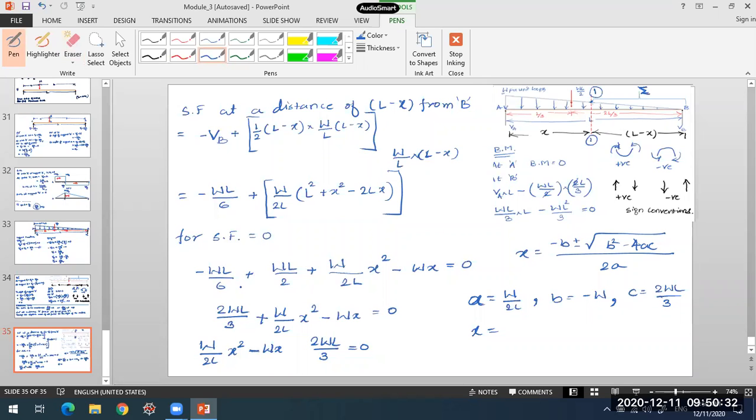This will be minus w by 6. So that will be equal to 2 by 6 or 1 by 3, WL by 3. So this will be WL by 3. And here also it will be WL by 3. C will be equal to WL by 3. Check it now.